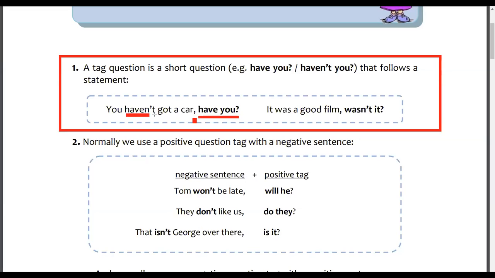As you can see, you haven't got a car will turn into have you for a tag question.